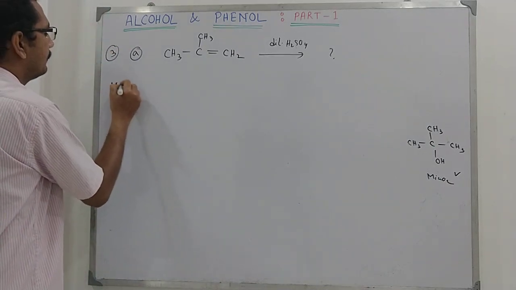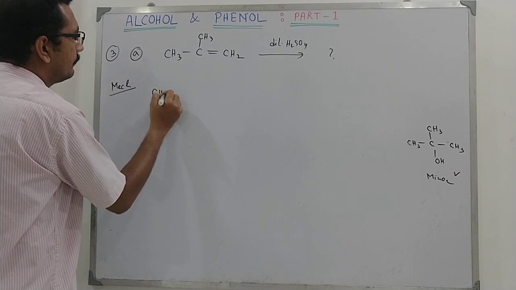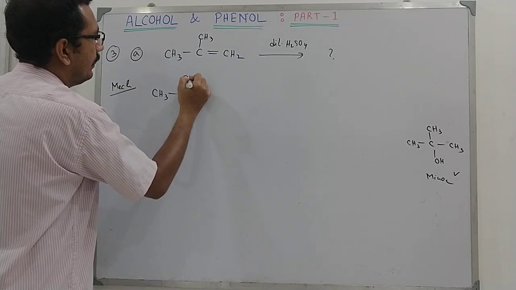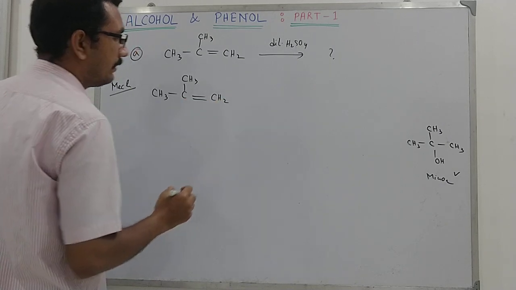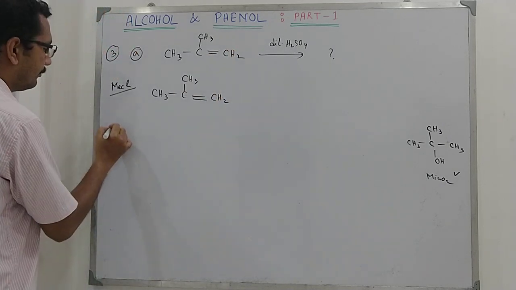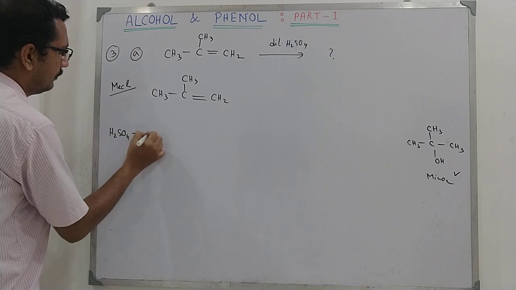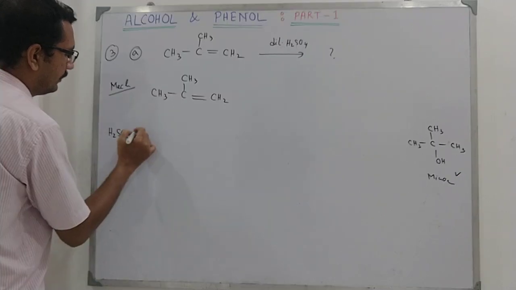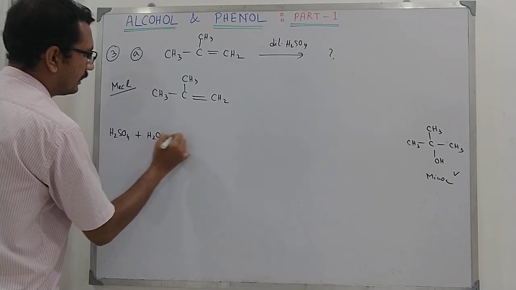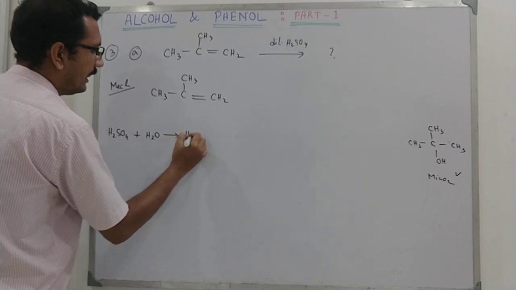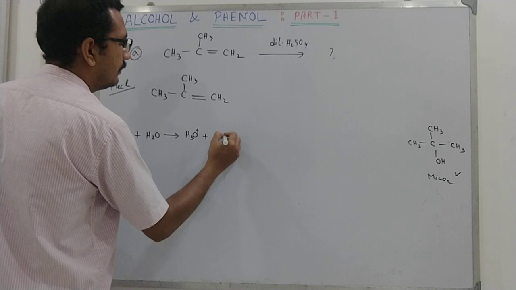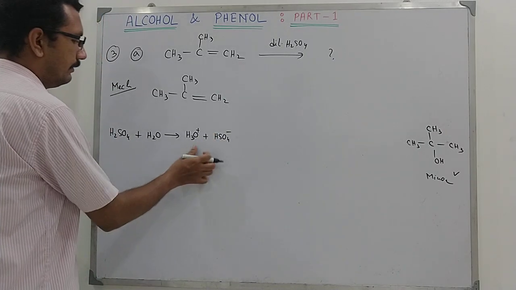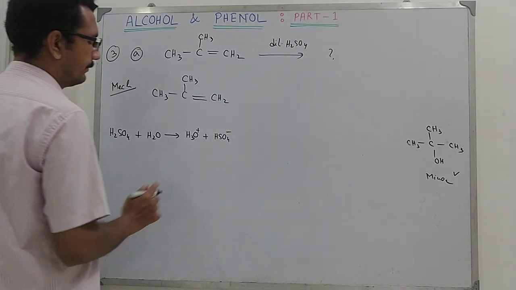Now the mechanism. Here also, at first, since we have used dilute H2SO4, it will protonate water, and we will have the hydroxonium ion and this bisulfate ion.